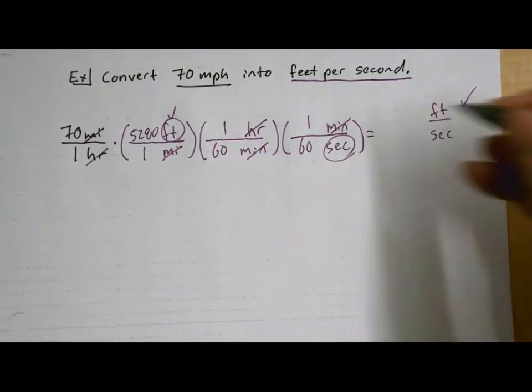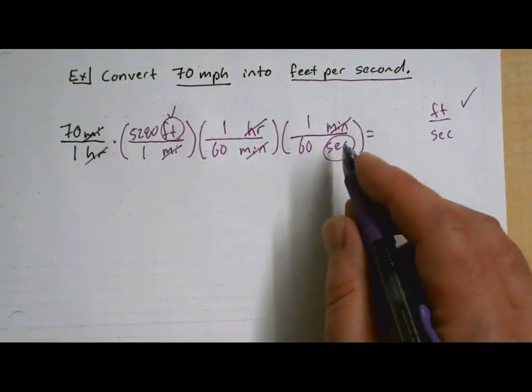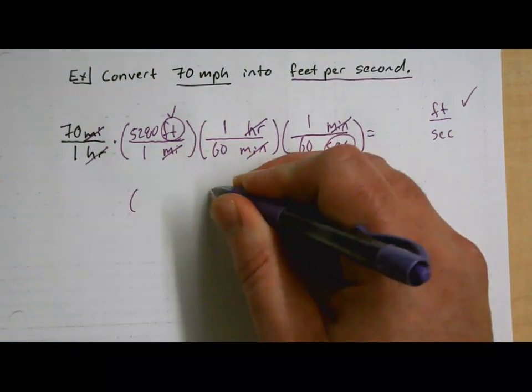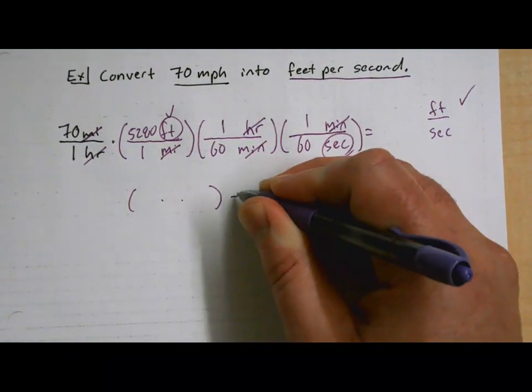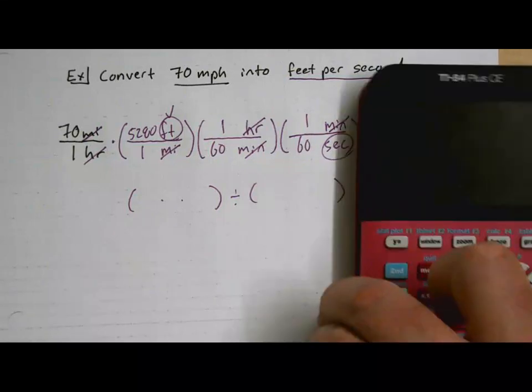So we're going to reach for our calculators now. We're going to multiply out everything on the top and divide it by everything on the bottom. When you do this, multiply everything together on the top and then divide by, and make sure you use those parentheses. I usually don't type in the ones.